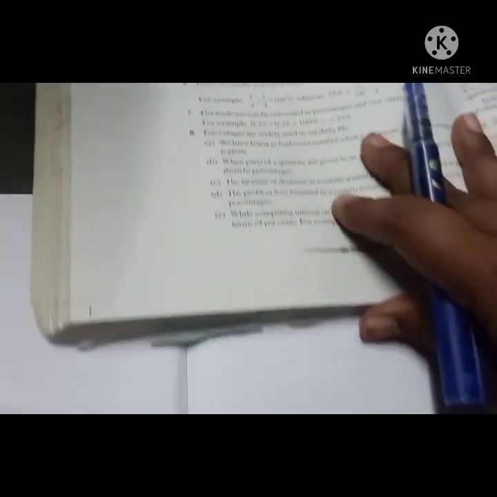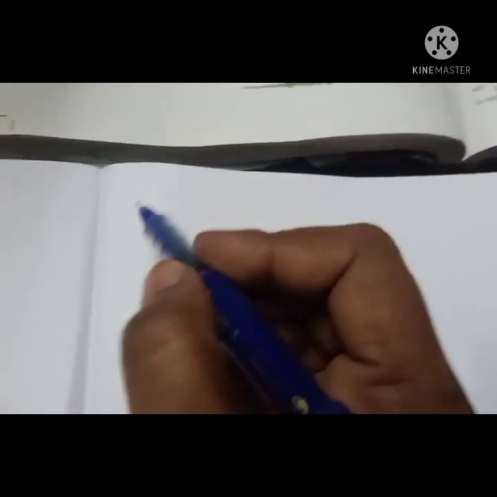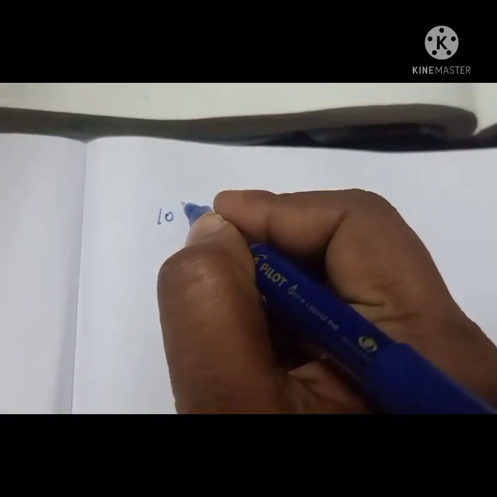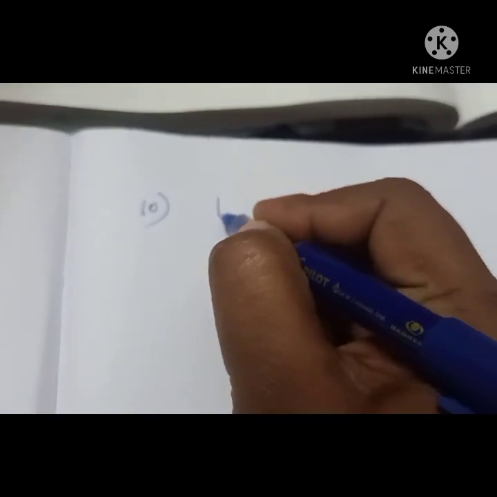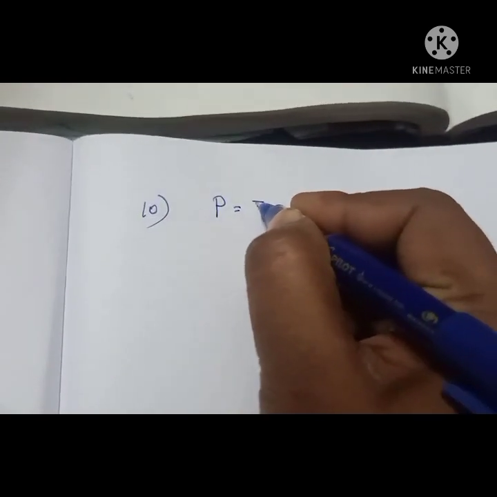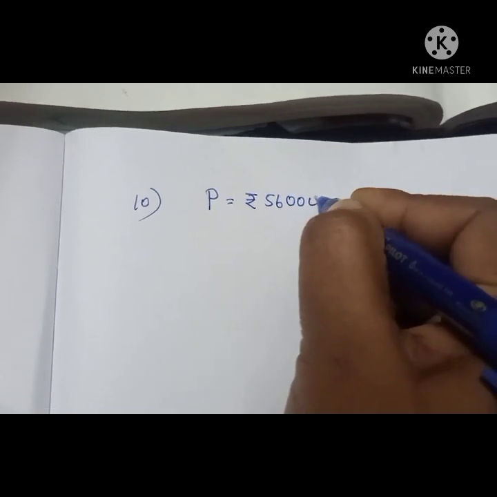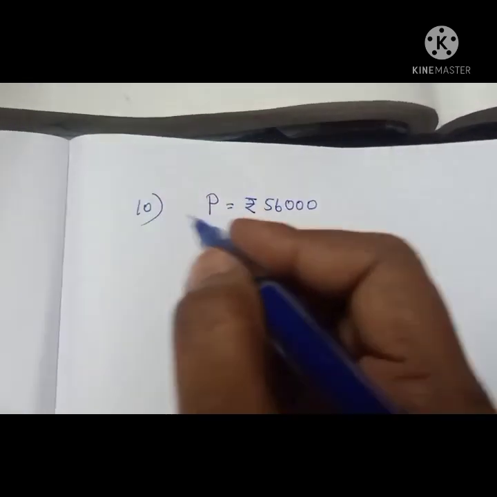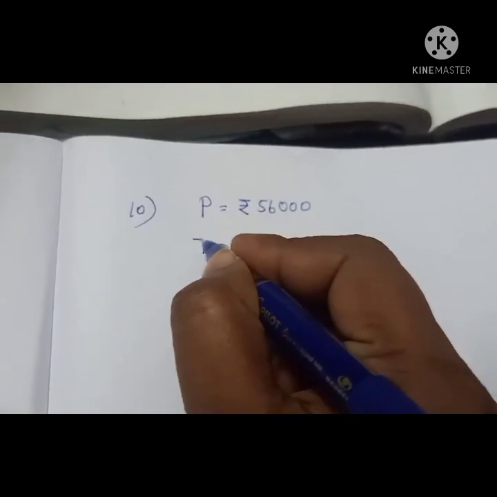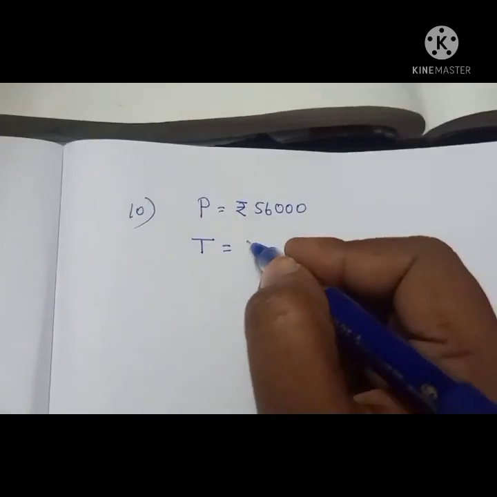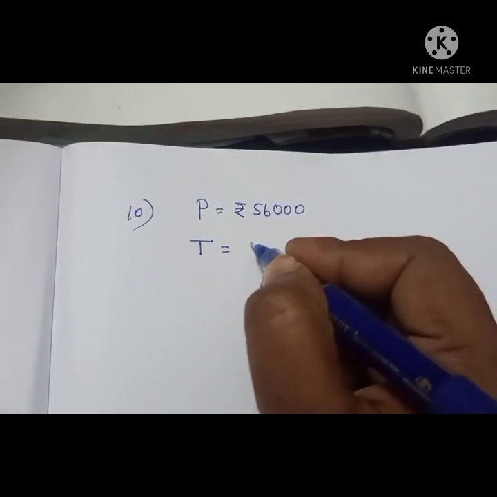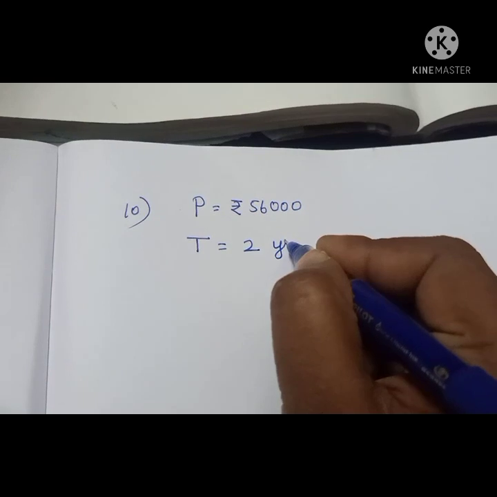So in the 10th question, what is the principal amount? P is equal to rupees 56,000. Number of years, that is time, T is equal to 2 years.